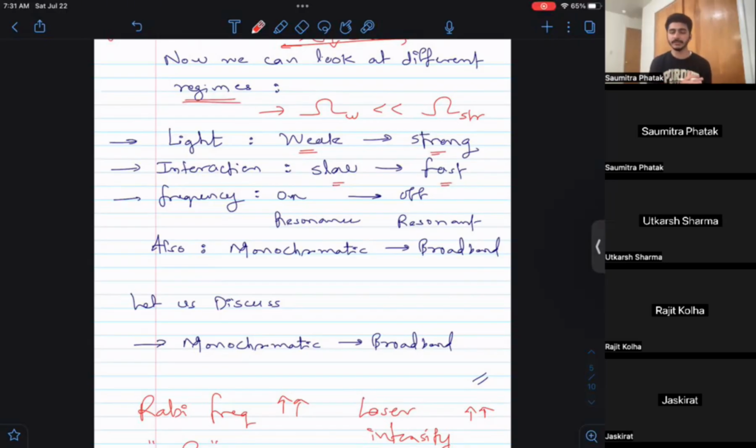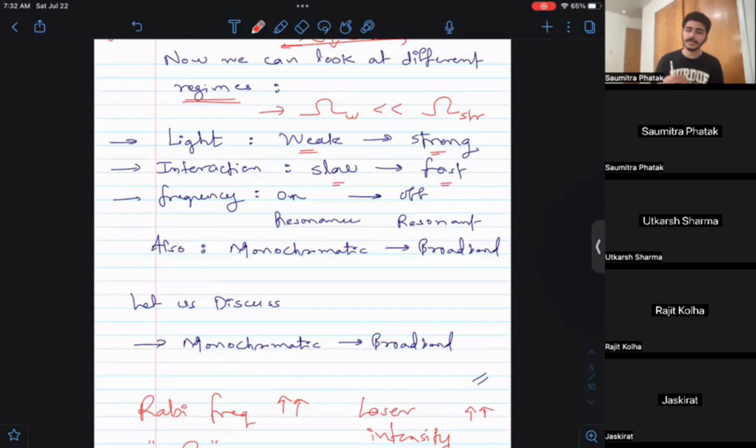In the same derivation, if we consider capital omega to be very small, then we are talking about a case in the real world where we have interacted with an atom that has a low dipole moment, or a scenario where the incident laser has very low intensity.